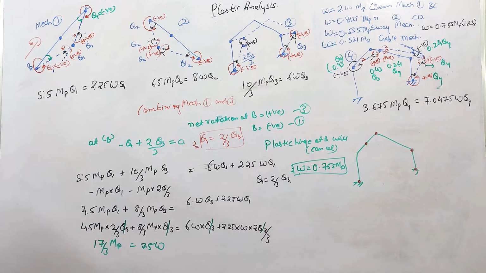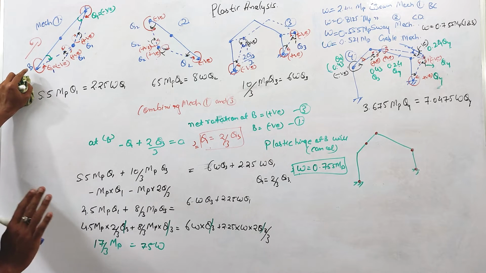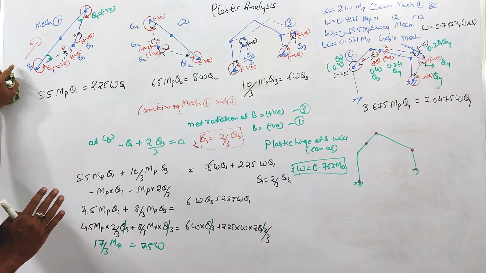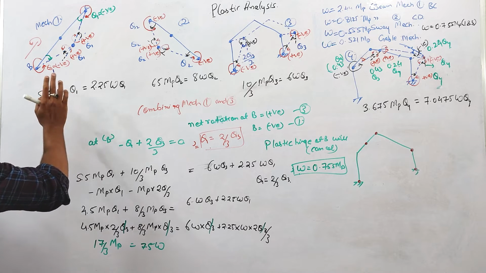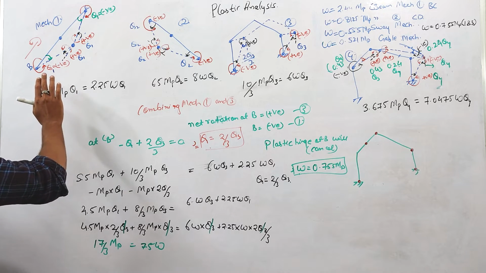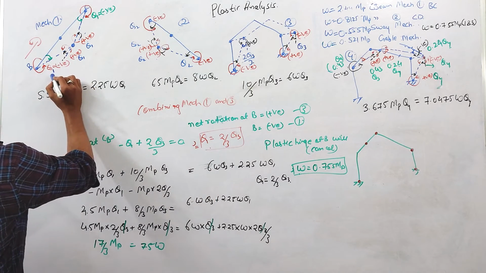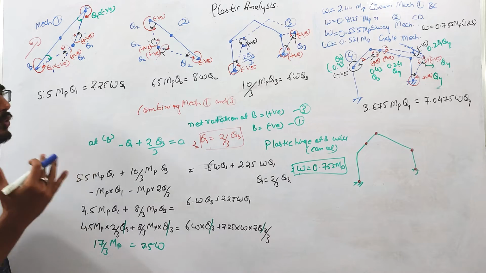Okay. So generally, this collapse load is coming out to be 2.44 MP. So this is the maximum. Okay. So we will generally avoid combining those mechanisms in which this is the maximum load. We need not combine these two mechanisms because in this mechanism the maximum value of the load is coming.